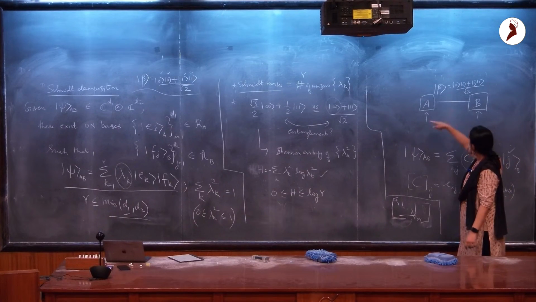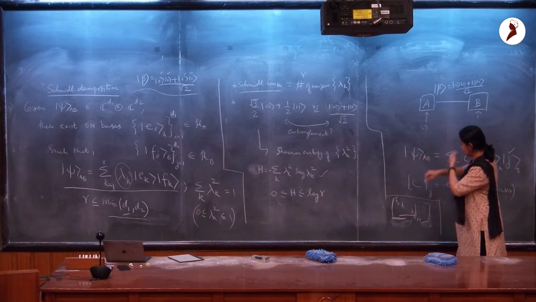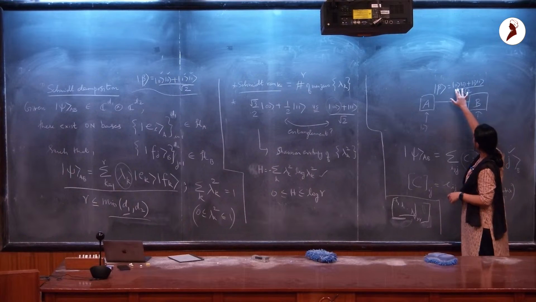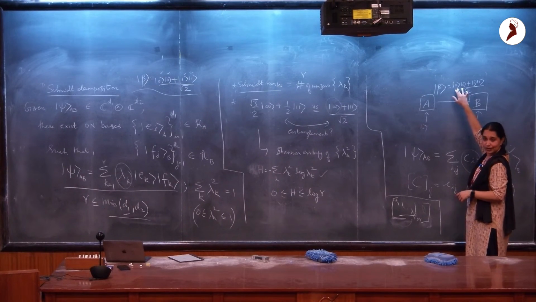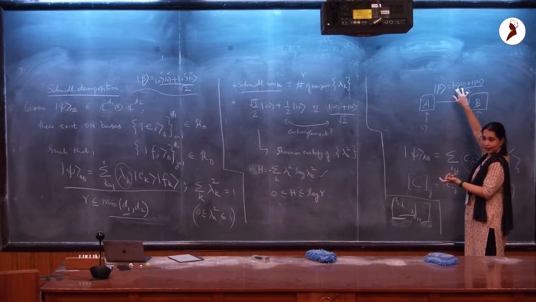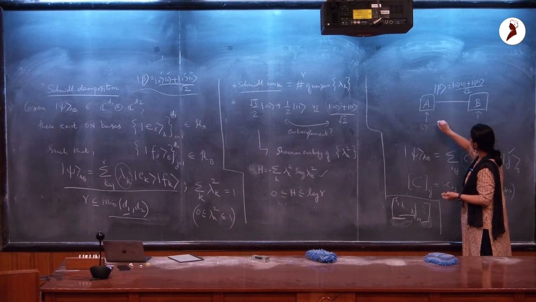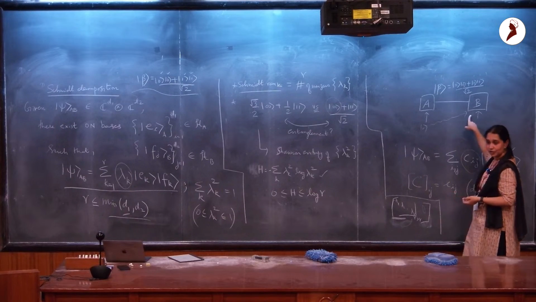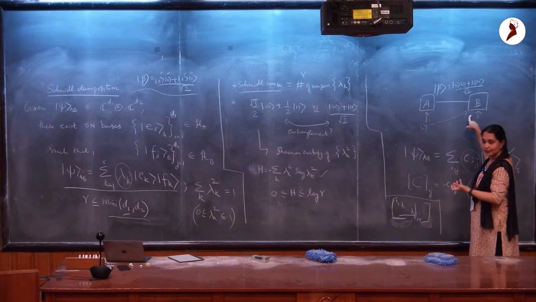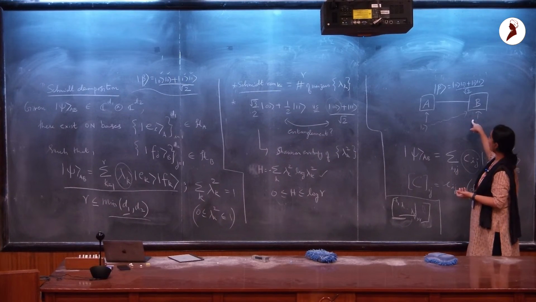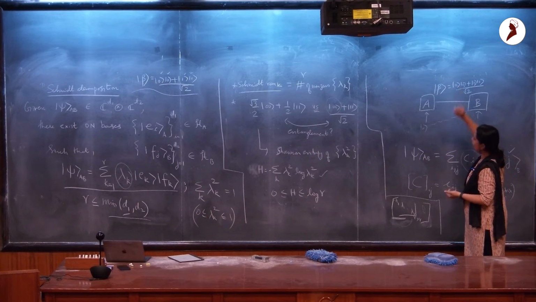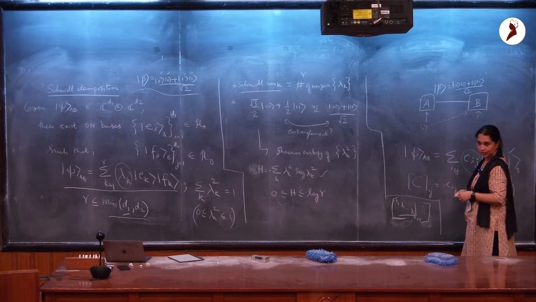Now if in this lab outcome 0 is realized, then the state must collapse to 0, 0. And if A then communicates that information to B, then the person who's going to do the measurement in lab B knows that they are also going to get outcome 0 here.